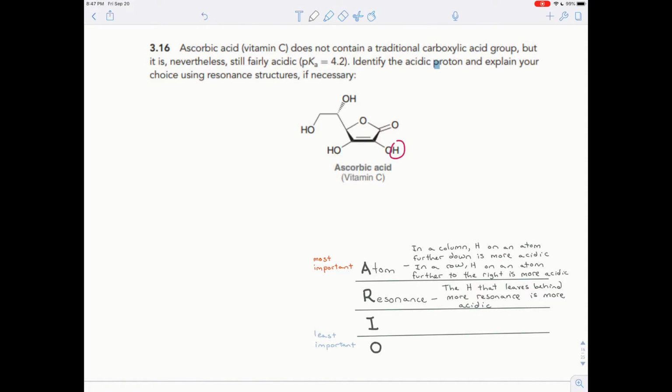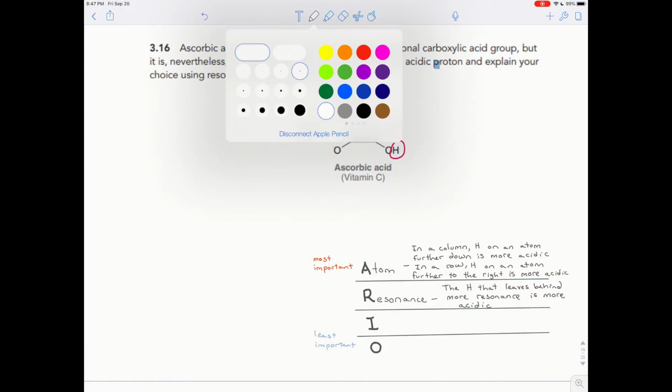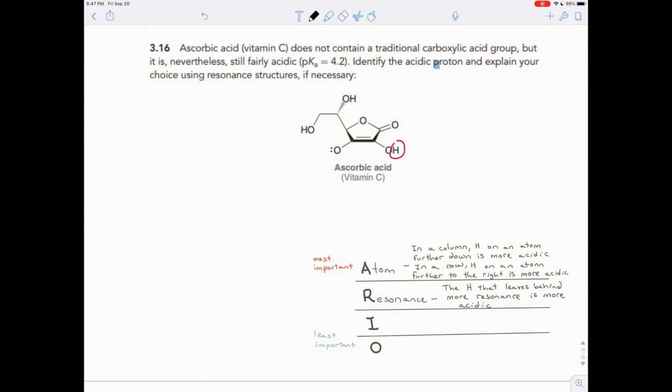How about this third hydrogen here? If that hydrogen leaves the vitamin C molecule to go off into solution, and those electrons end up as a lone pair with a negative charge, is that stabilized by resonance? And it is, because the lone pair is 1 atom away from an atom in a double bond. It's on this oxygen, you go 1 atom over, you're at an atom in a double bond. So that has resonance. How about this next one, this hydrogen at the right?